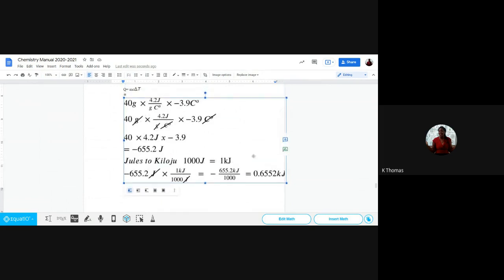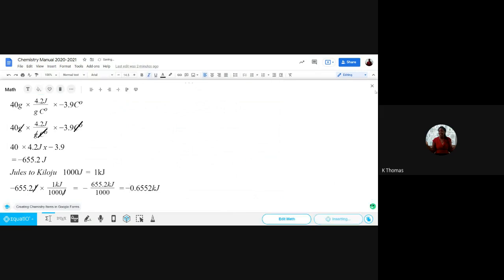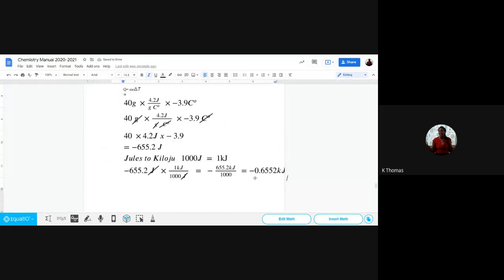Oh Lord, I forgot a little bit of something right here. Let me edit it. Notice the negative sign, it's very important. Don't do the work and forget to put in a negative sign where it's supposed to go. That's going to be bad, because my heat of solution is negative.